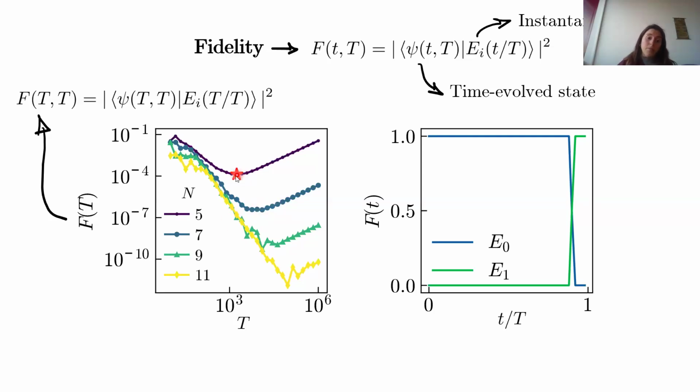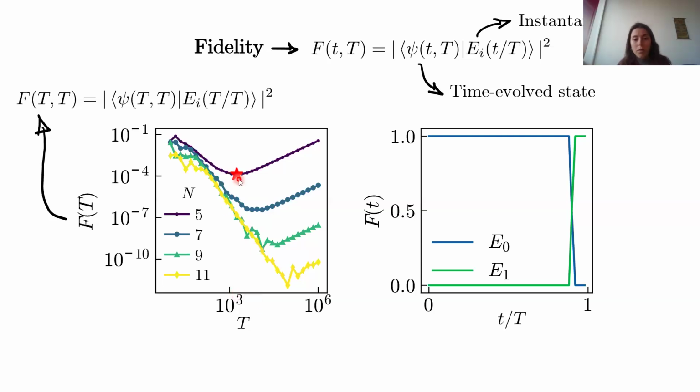And only after this minimum value, the final fidelity continues increasing. But of course, the range of values that we have to take into account involves final annealing times that are too high to be physically implemented.